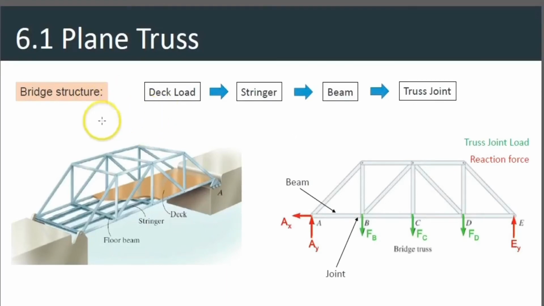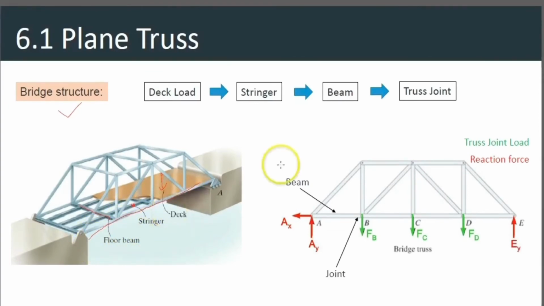So this is another example, which is the bridge structure. From the deck load here, and then we have a stringer, the long one, and then we have a floor beam here. It's a straight line. If you see from the free body diagram on the side here, this is called the beam.